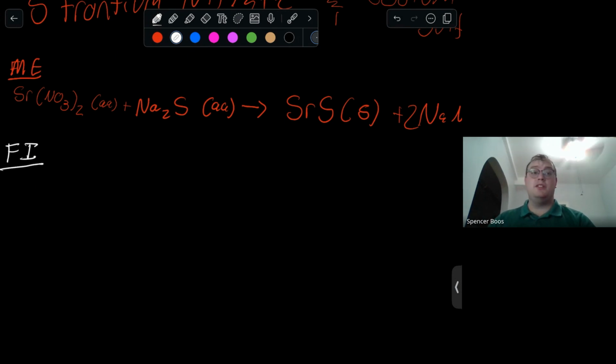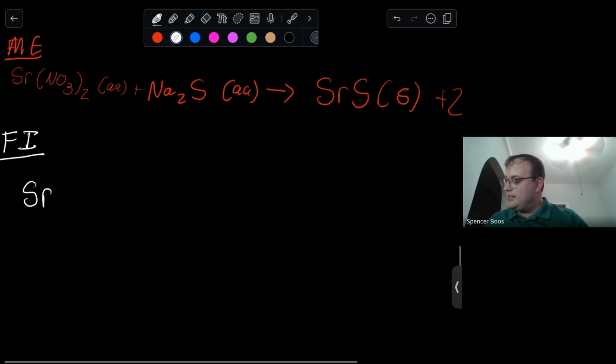Now, again, as a reminder, for your full ionic, these are all aqueous compounds broken up. All of them, no matter what. The only one you don't break up is the solid. The solid stays together. Our first aqueous compound is right at the front. We've got Sr with a 2+ charge, and that is aqueous.